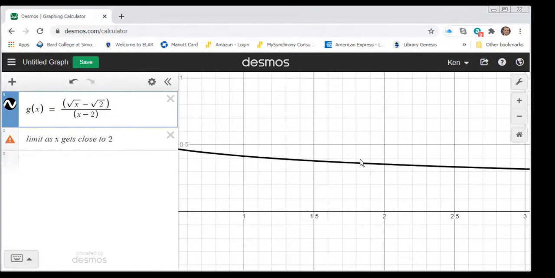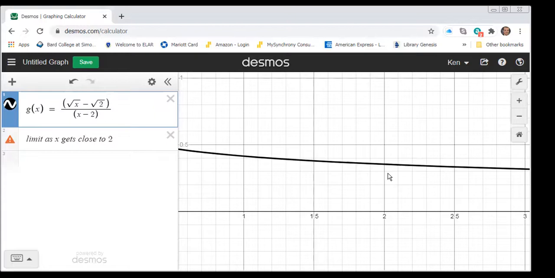But if I look at values close to 2, what are we approaching? It's staying close to 3.5? 3.539. It's probably an irrational number, but it's close to 3.5. Maybe 3.53.